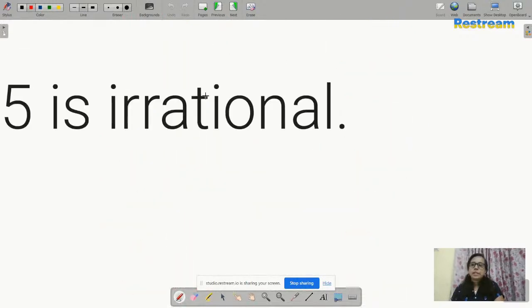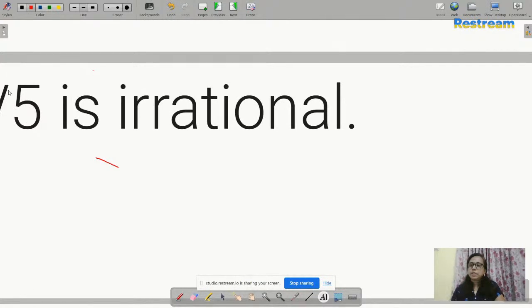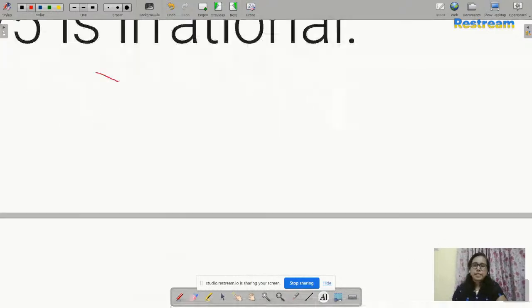Now I have taken the question. That's what I am thinking. Okay, now this question is actually, yes, it's coming. Yes, I think the next one is, prove that root 5 is irrational, right?